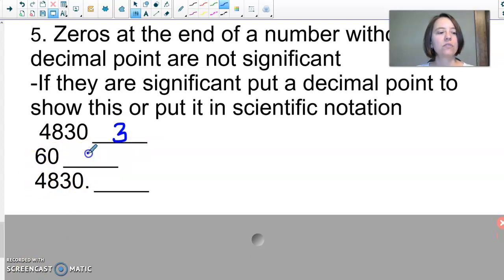So for this one, if you said 1, you would be correct. The 6 counts. This 0 does not. It's at the end and there's no decimal point. And then if you said 4 for this one, you would be correct. If you notice, the difference is that there is this decimal point. We are saying that 0 is significant, it hasn't been rounded, it's not a placeholder.